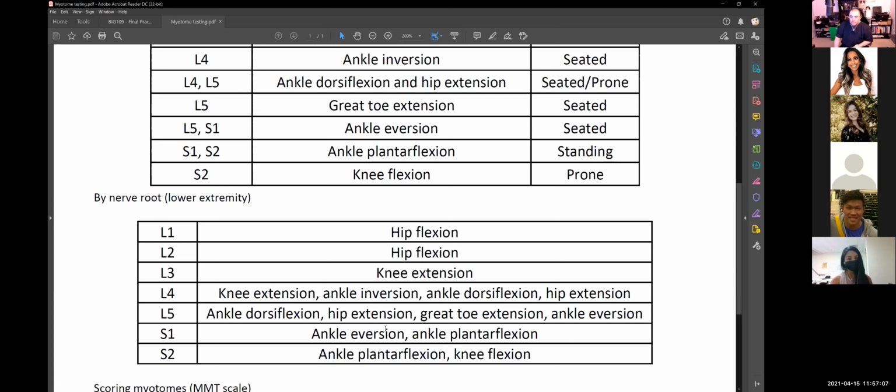Why do you think we're not testing S3, S4, S5? With the plantar flexion, are you kind of testing some of the S? Or maybe not? No, not really. I think with the hip extension, you're testing them. Maybe a little. Okay, yep, good.